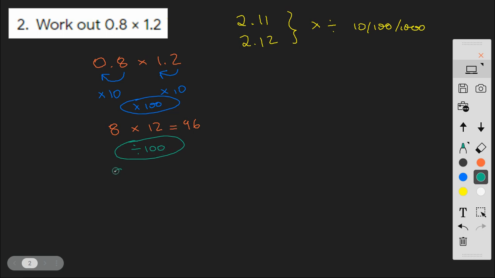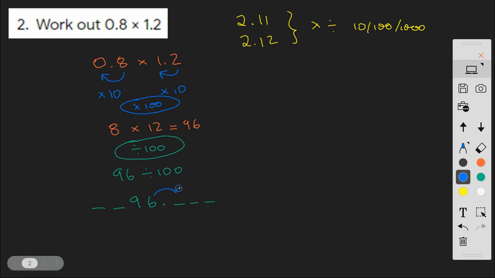So I now need to do 96 divided by 100, and hopefully, if we've remembered those nuggets that I asked you to have a look at, 2.11 and 2.12, the way that I need to do that is to move these digits 2 places along.